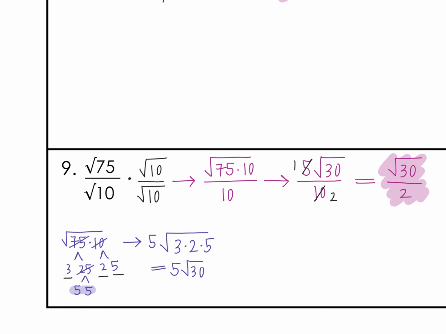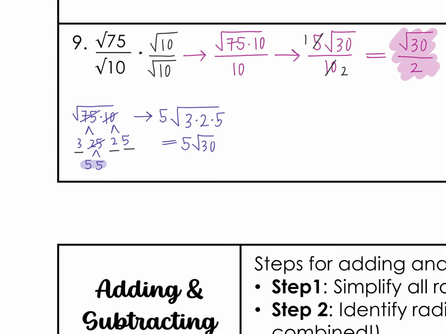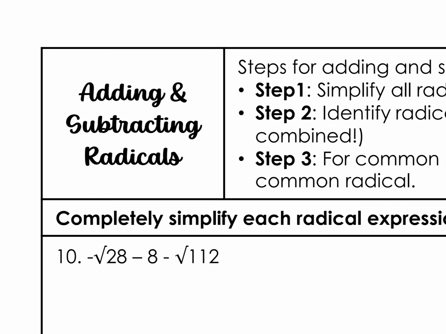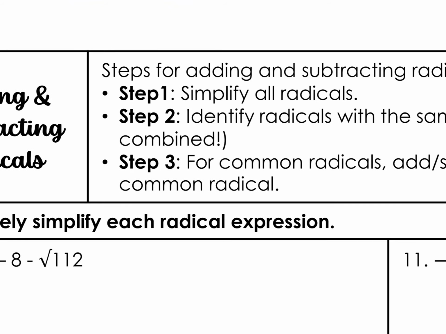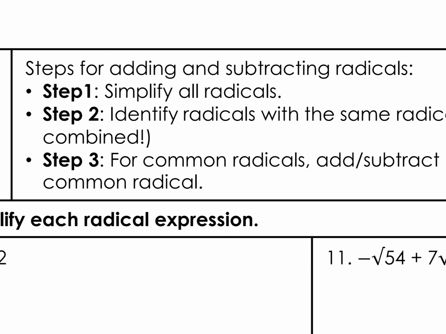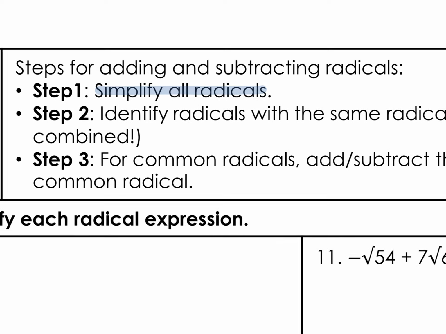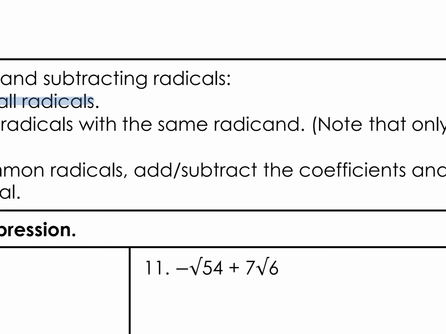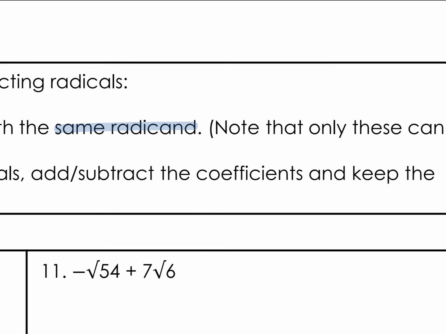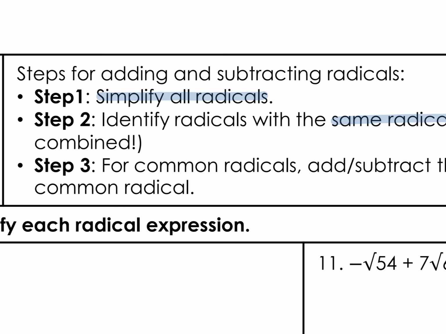All right, so now let's go ahead and look at the backside where we are going to go over adding and subtracting radicals. Some steps that we can do here: step 1, very important, make sure you are simplifying all of your radicals. Step 2 is identify radicals with the same radicand. Note only these can be combined.